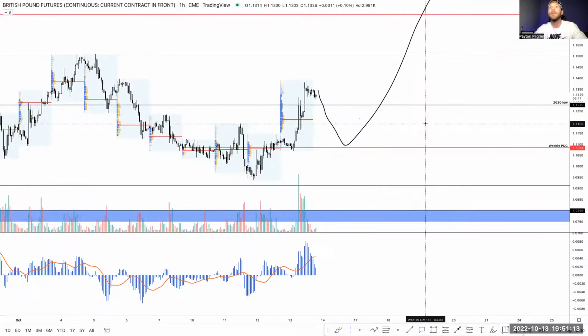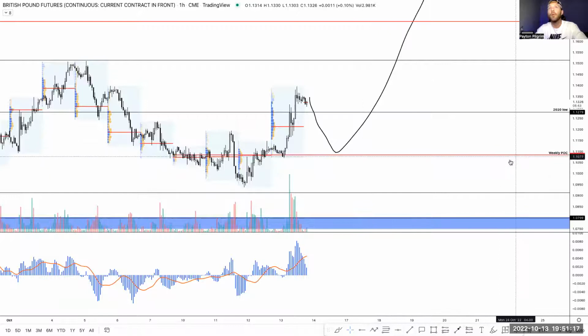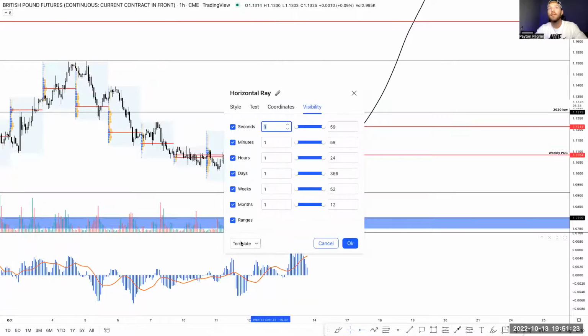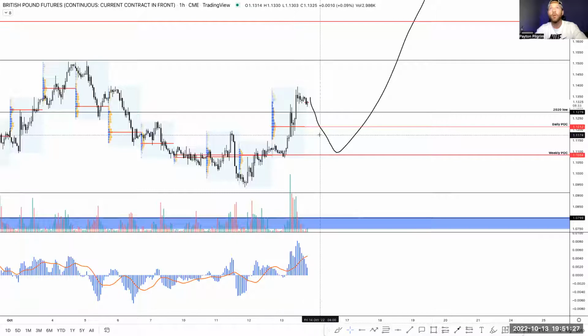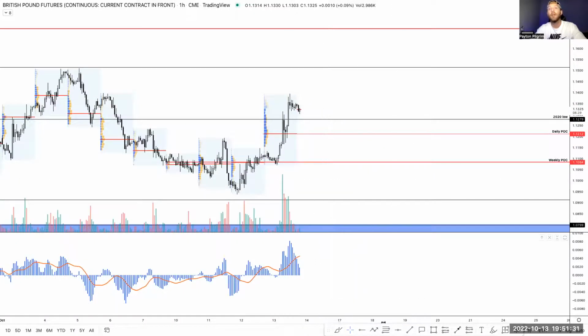I'm looking at this bigger move, and I haven't quite decided if I want to play this weekly point of control, or if I want to play maybe just today's daily point of control. I guess it would be yesterday's daily point of control to the upside, because I do believe this has a move to the upside. So here's the two options on GU.